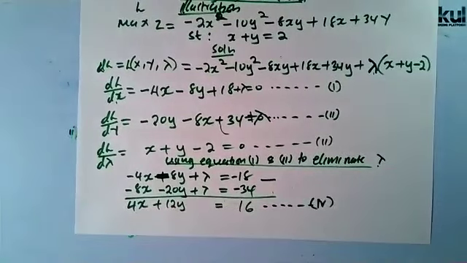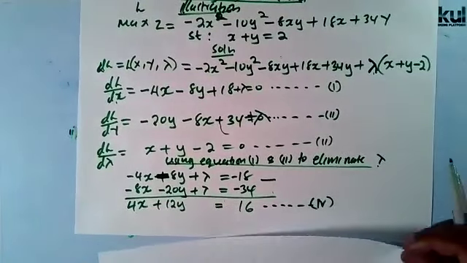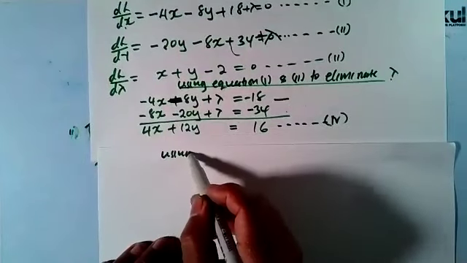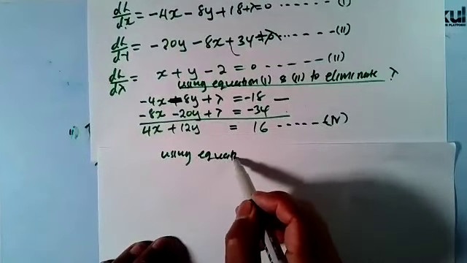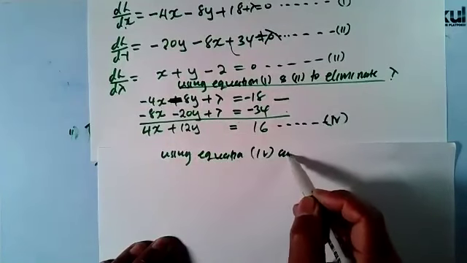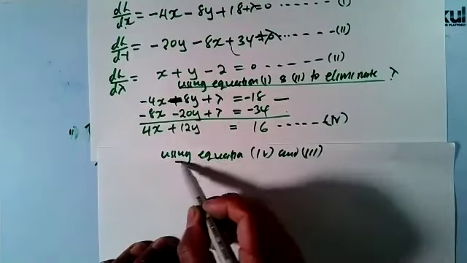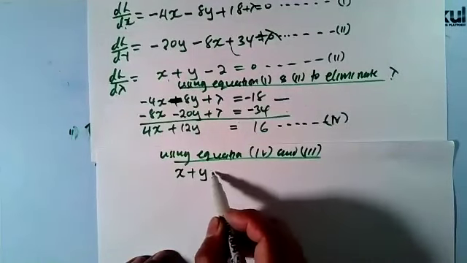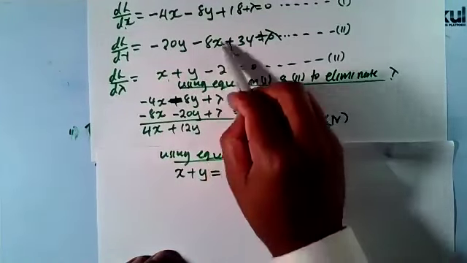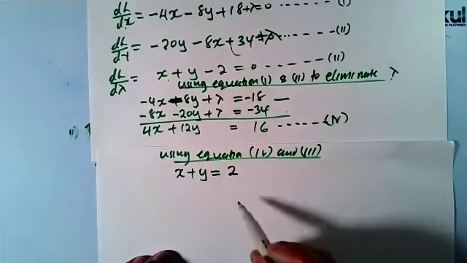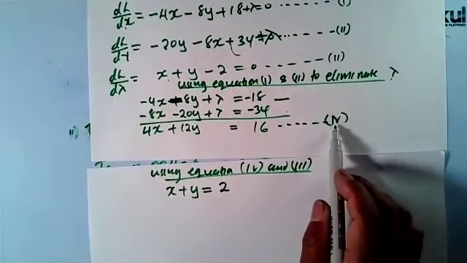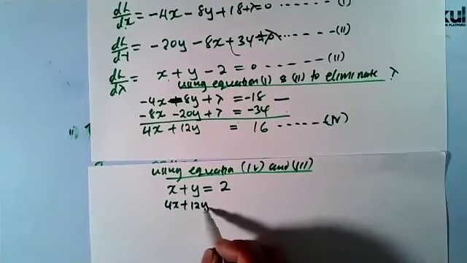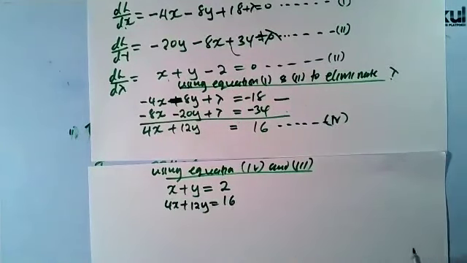Now, because you already have equation 4, using equation 4 and 3. You see equation 3 was x plus y minus 2, take the other side, is equals to 2. And you have gotten equation 4 as 4x plus 12y is equals to 16.